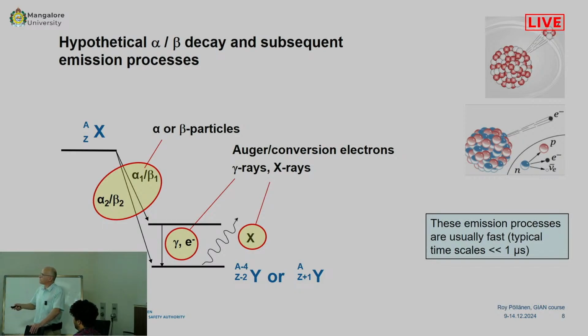However, if it doesn't go to the ground level, it will go there very soon by emitting, for example, gammas, X-rays, Auger electrons, or conversion electrons.